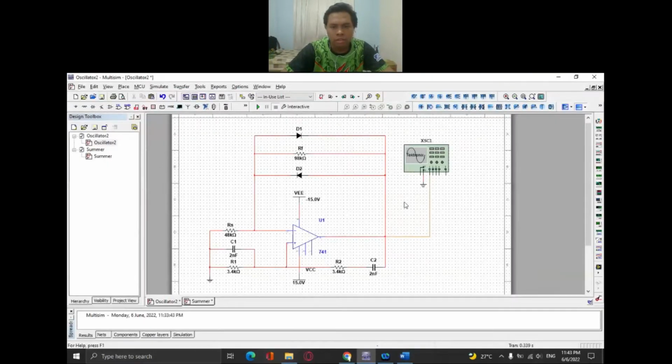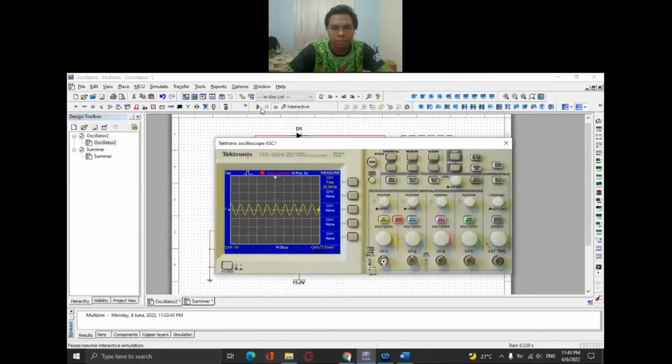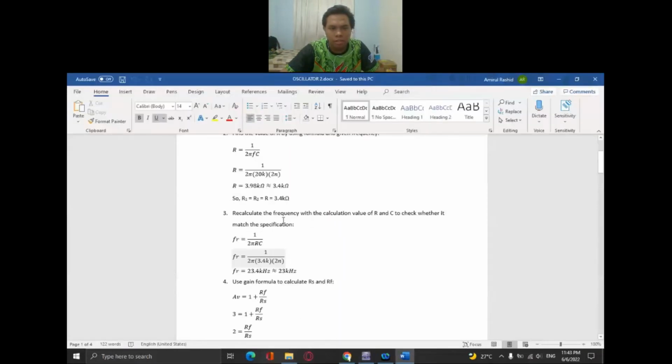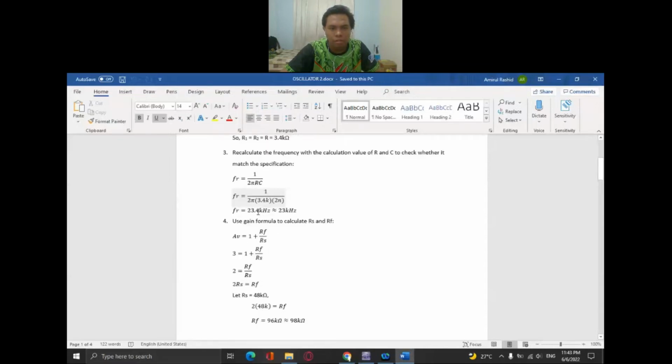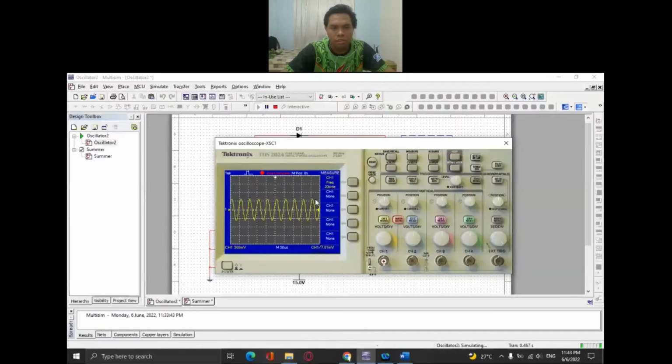As you can see, this is the circuit for oscillator 2, and now I will start the run. As you can see right here, the frequency we get is almost the same as the previous calculation, 23.4 kilohertz, which is almost the same as the simulation.